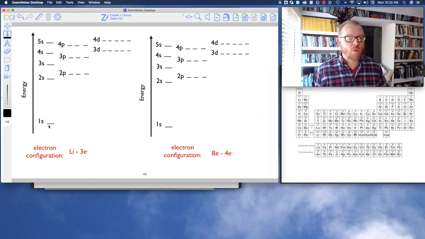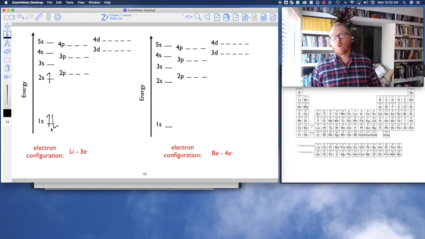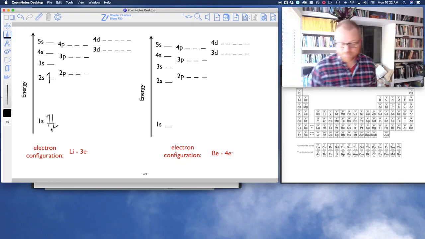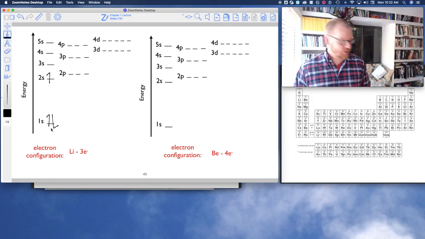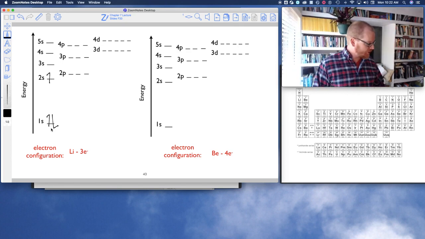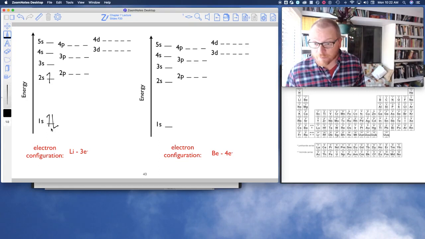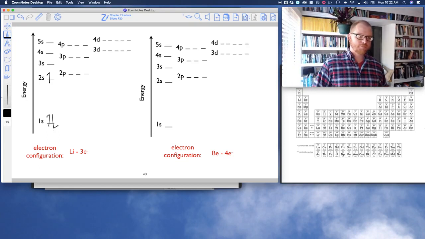And so I do it by saying 1, 2, 3. We only pair up the electrons if we have to. Because after all, they are electrons, they're negatively charged. They do want to repel each other somewhat, okay?